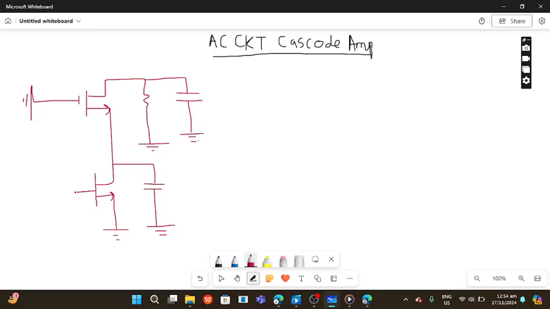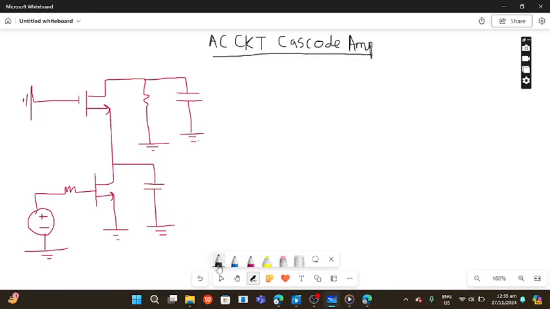Then your input are VSIG. So this is your initial circuit.